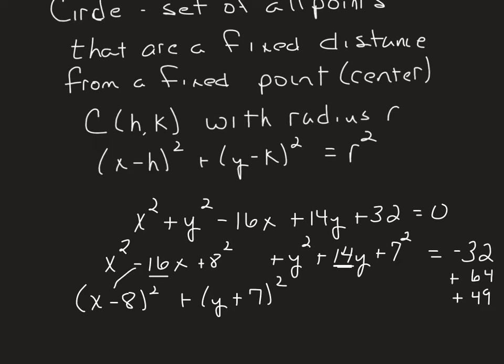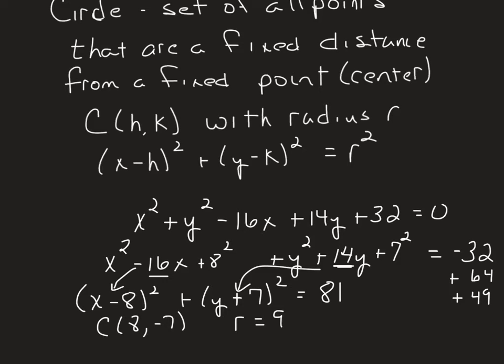Remember, these signs have to match. And I think now you can see why I said 8 squared instead of just putting 64, because it's easier for me to rewrite it as this binomial squared, equals 32 plus 49, which is 81. So our center is (8, negative 7), and our radius is 9.